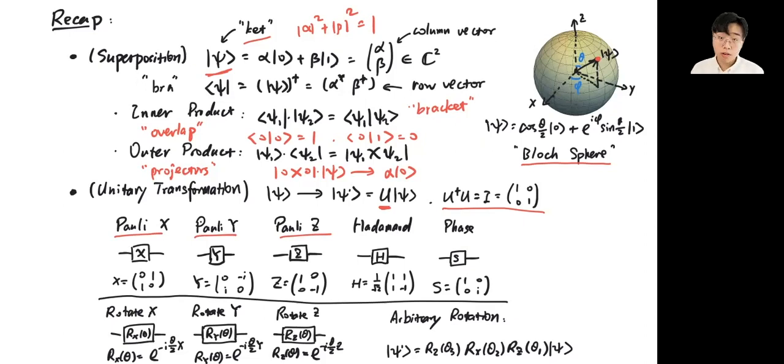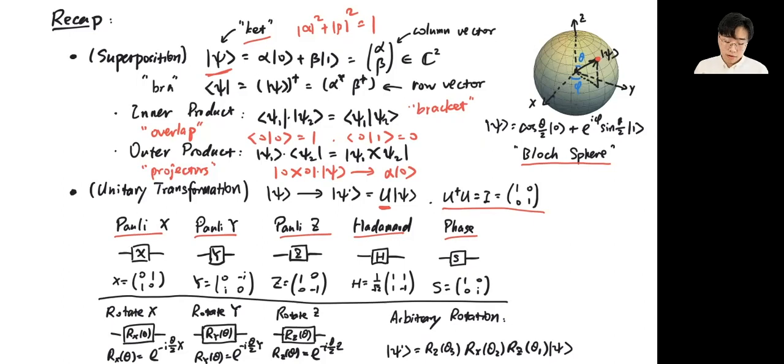Two other common quantum gates are called the Hadamard gate and the phase gate. In particular, we'll be looking at the Hadamard transformation a lot in today's lecture. We also talked about a more general set of transformations corresponding to rotations of the Bloch sphere along different axes.